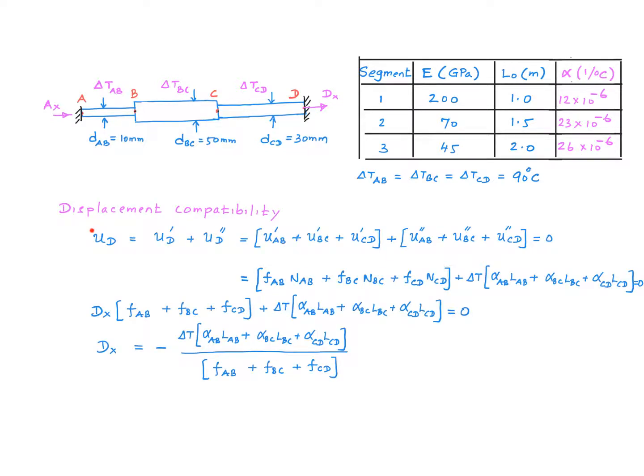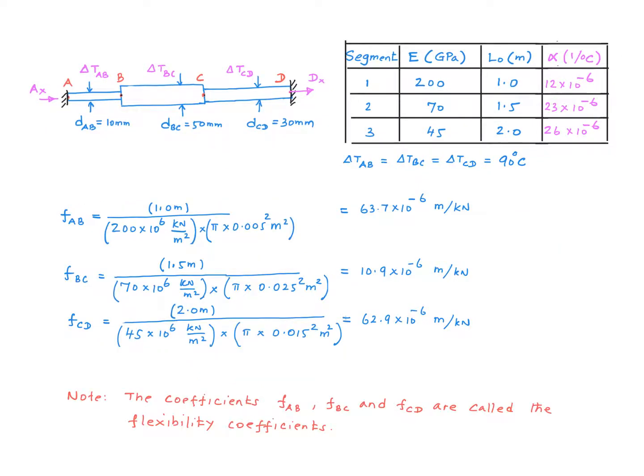So I took the displacement compatibility condition, expanded it, and came up with an expression for dx. Then I went ahead and calculated these coefficients, FAB, FBC, and FCD. We have done this type of calculations before, so I won't spend too much time here.